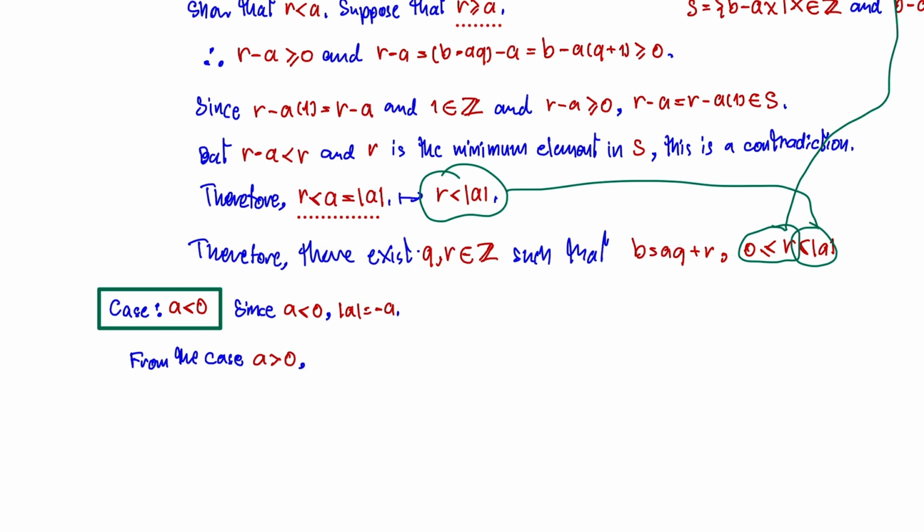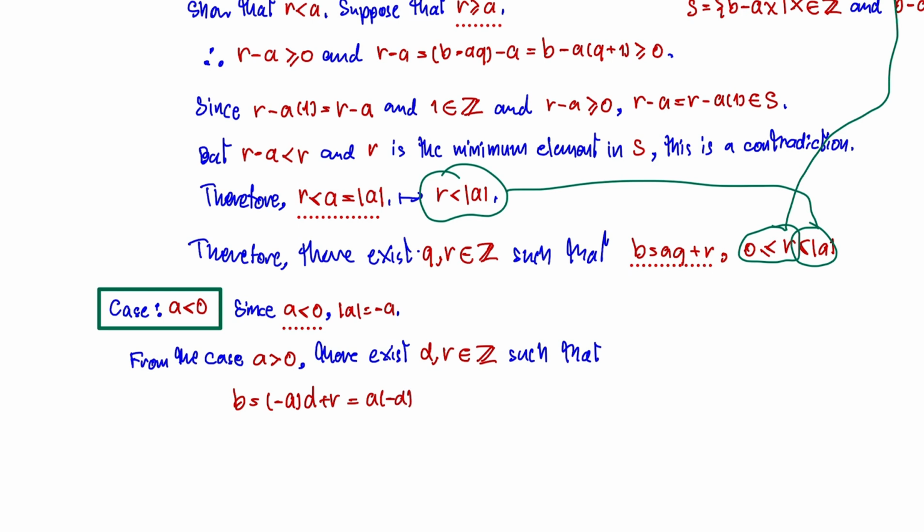For the previous case, we know that there exist D and R, which are integers, such that B equals minus A D plus R, which is A times minus D plus R. And what happened to R?